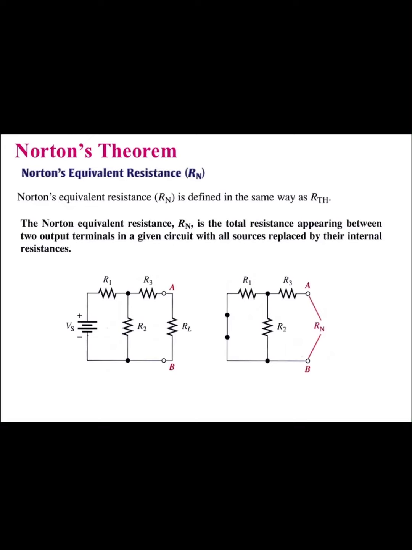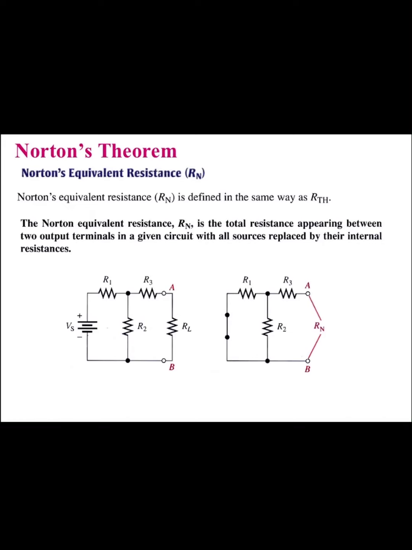Nothing is different here. We will just open the load terminals, look back from the load terminals, and determine the total resistance of the network, when at the same time all the sources are removed and replaced by their internal resistances.